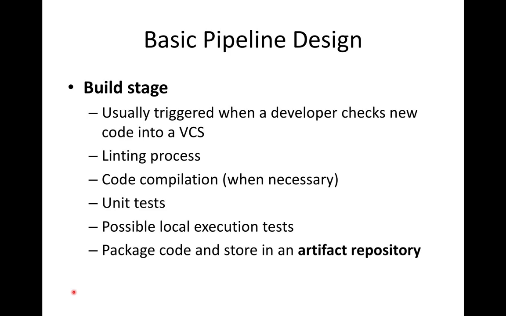We might compile the code and produce some sort of binary artifact. We'll typically run unit tests again. Just like linting, we want to make sure that all of the code being committed has been properly unit tested and that the code is also passing all of the unit tests 100%.